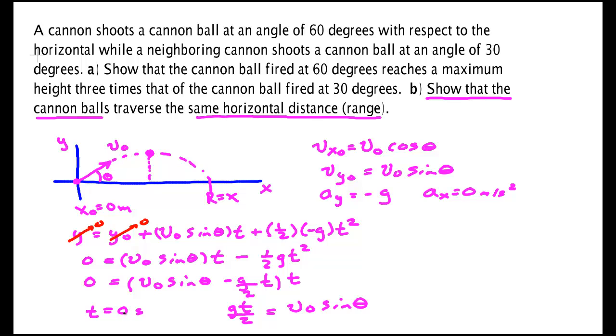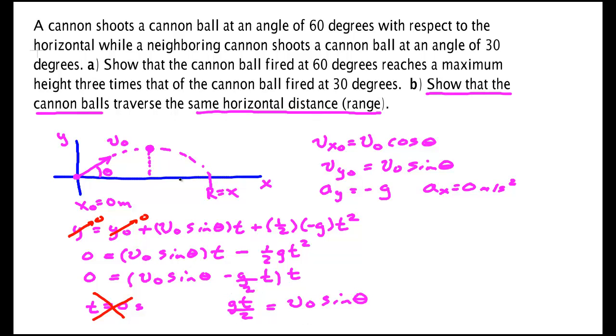Now this one says that when the ball starts, it will be at y equals 0. Well, of course, when it starts, it's at y equals 0. I know that, but that's not what I want to know. I want to know the time it takes to get to here. So, while that's a true solution to the problem, it's not the one we're looking for. We need this time.